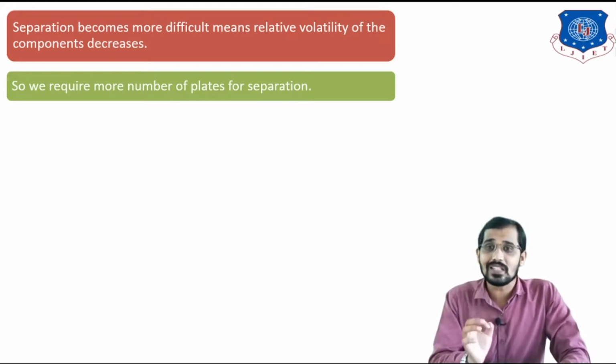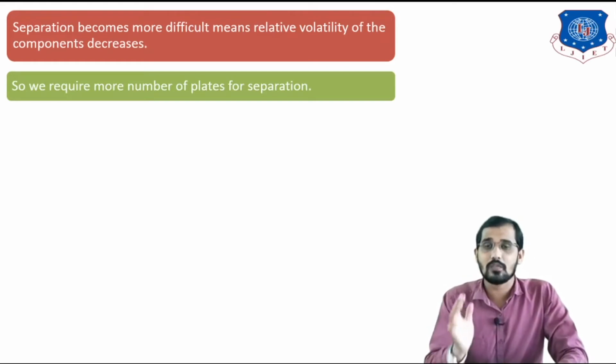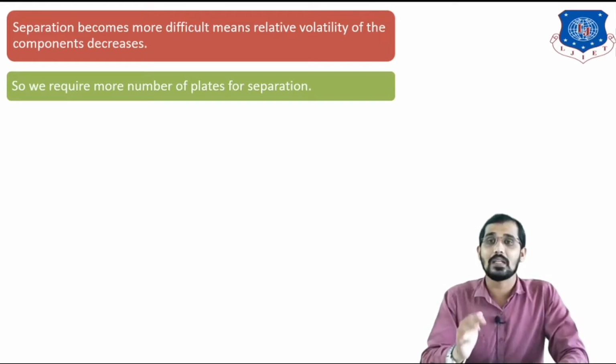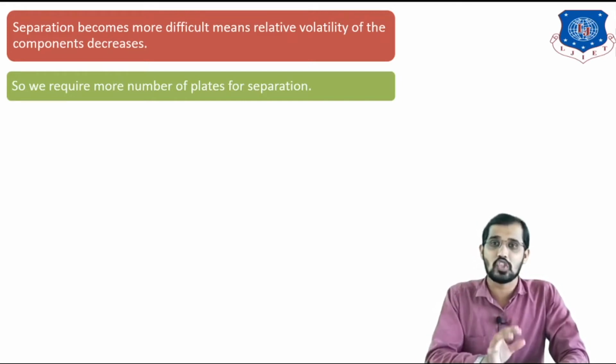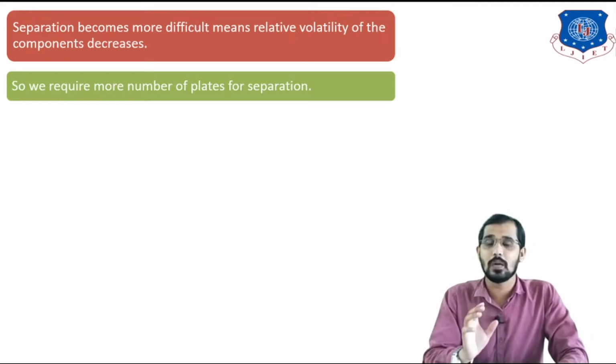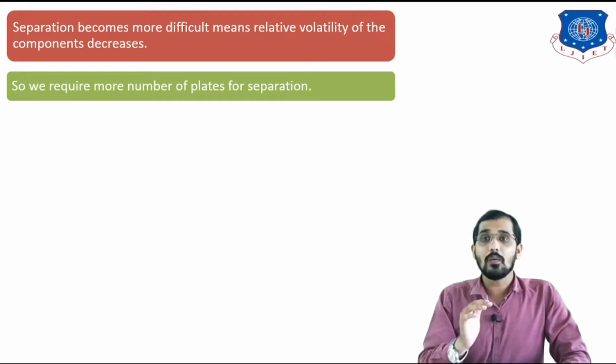But the residual part of the atmospheric distillation unit that requires a higher temperature for separation, that is nothing but a high boiling mixture, we are going to separate in a vacuum distillation column, because the vacuum distillation column operates at a minimum operating pressure, less than 1 atm, I can say 30 to 50 mmHg. That's why that column is nothing but a vacuum distillation column, where we are using minimum operating pressure.